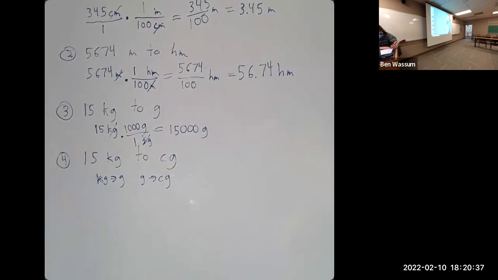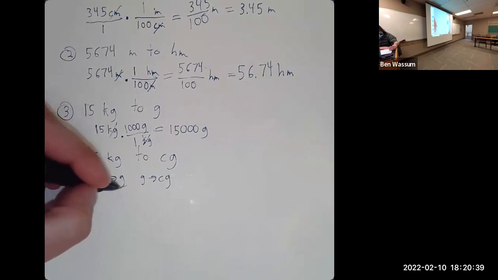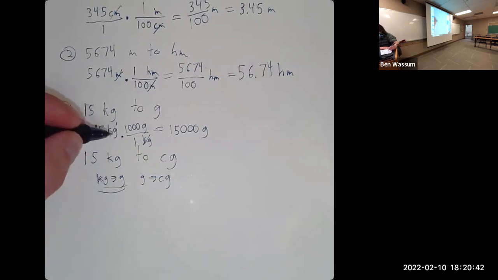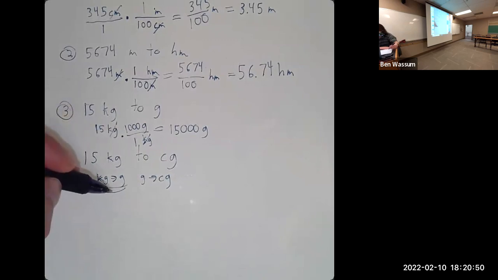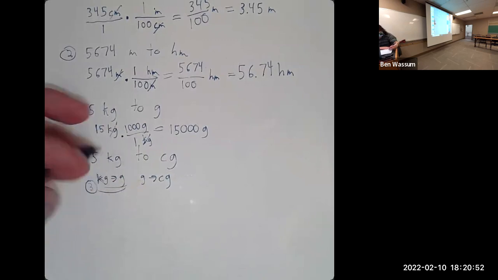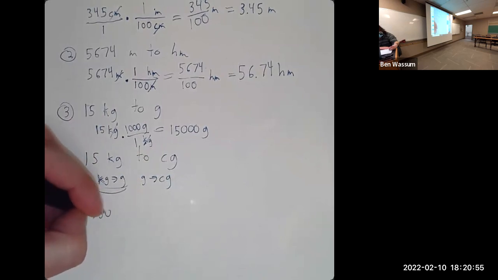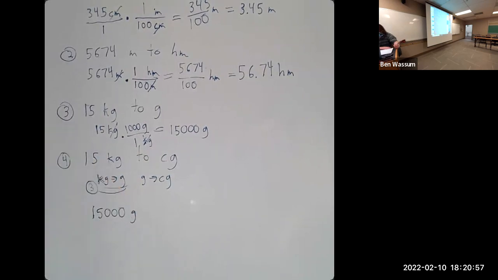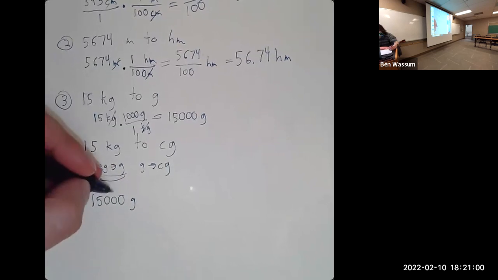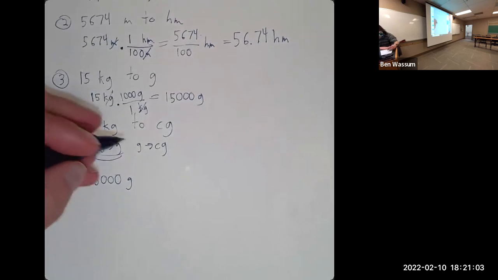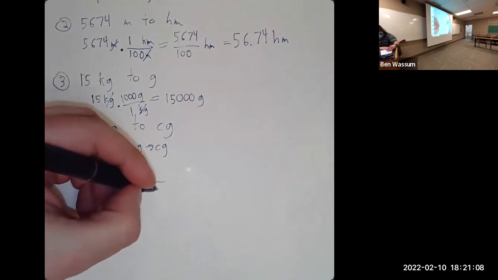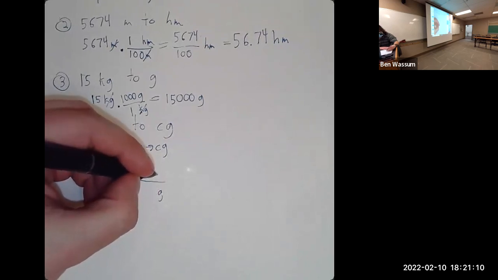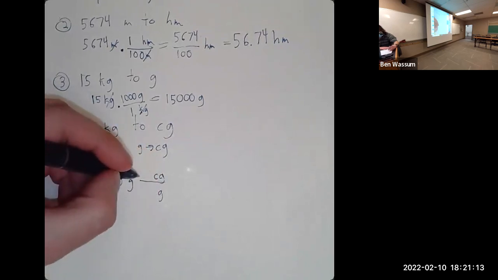Now, our first step's already taken care of because that's the last problem, number 3. So we already know that 15 kilograms to grams is 15,000 grams. From there, that's when we can actually go to centigrams.